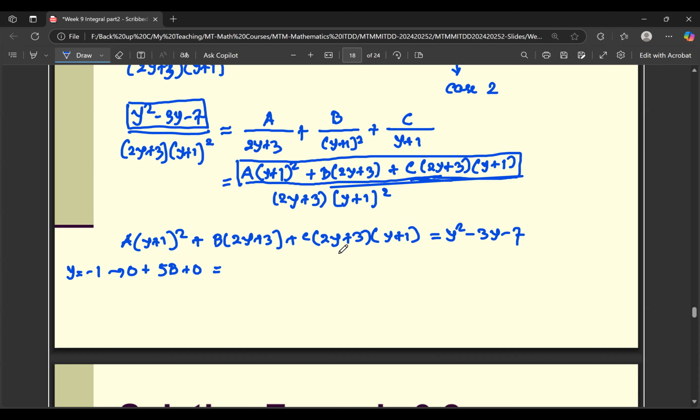We will have minus 9, isn't it? Yes, it's correct. So B becomes minus 9 over 5.